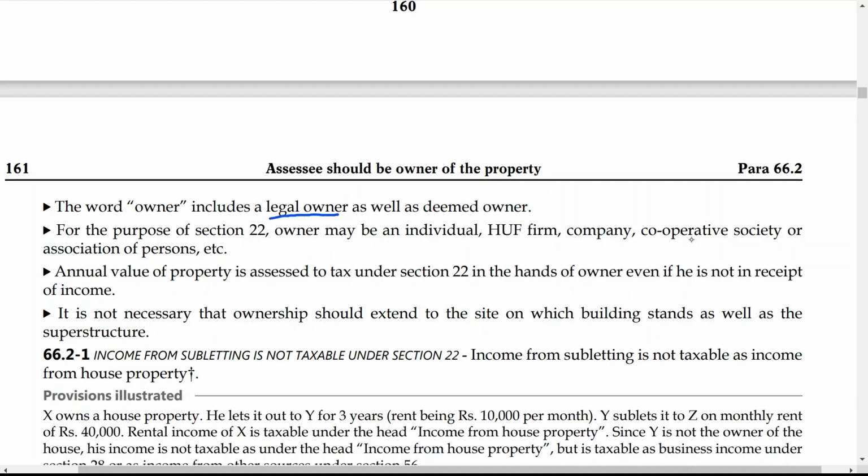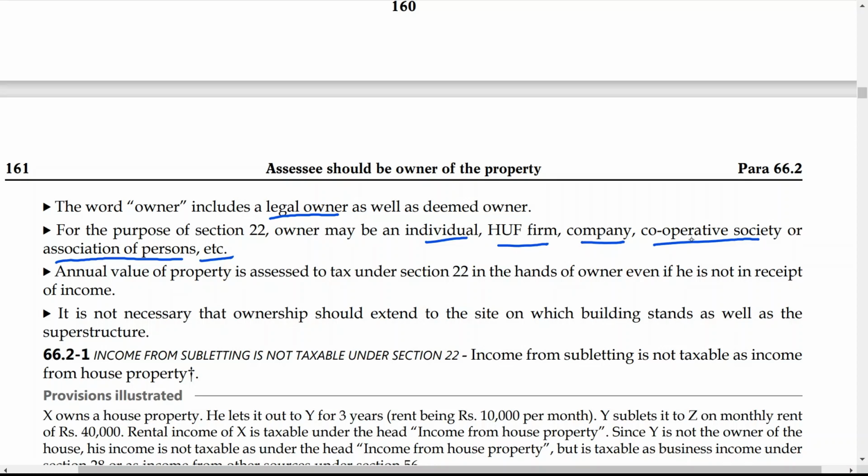For the purpose of section 22, owner may be an individual, HUF, firm, company, cooperative society, or association of persons, etc. That means owner does not mean only an individual; owner may be an HUF, firm, company, cooperative society, association of persons, etc.